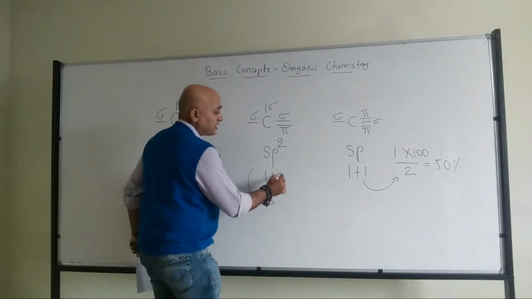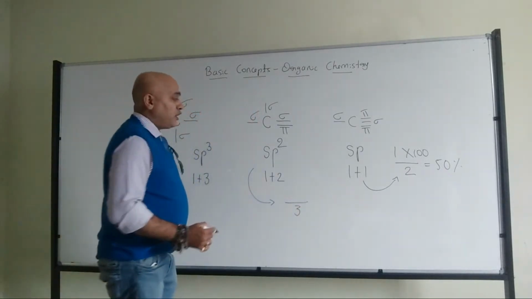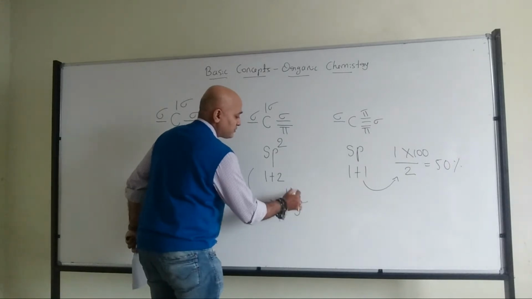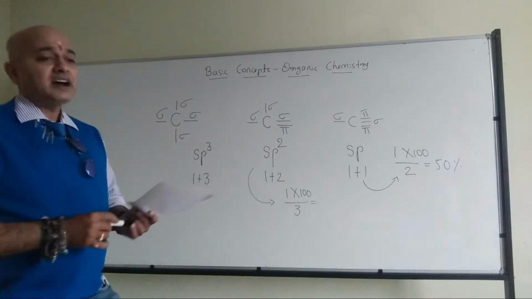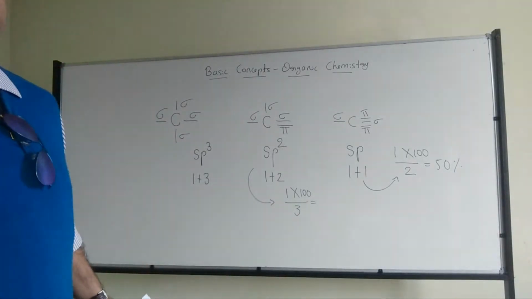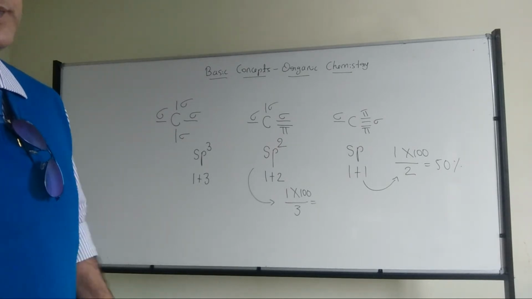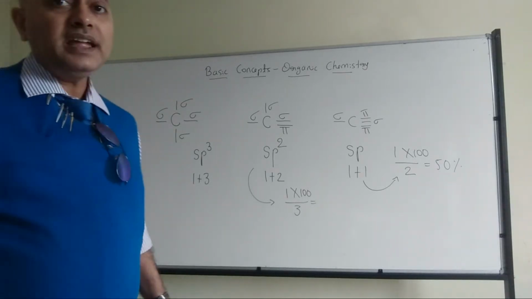What is the total number of hybrid orbitals? It is 3. How many s orbitals are there? It is 1. For 3 it is 1. How much for 100? What is the answer you are going to get? 100 divided by 3.